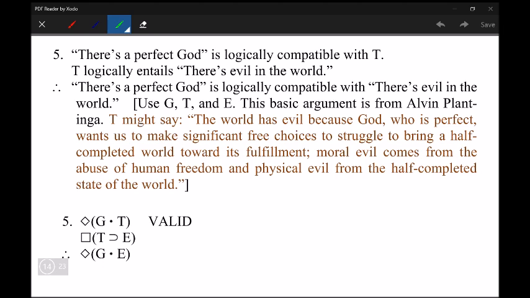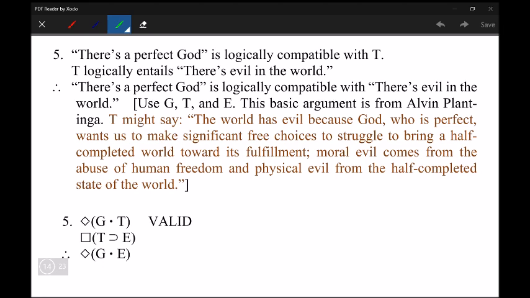Now, this is a brilliant argument that Plantinga gives, and it pretty much decided the issue. Hardly anybody takes Mackie's position anymore. Almost everyone in the philosophical community agrees that Plantinga has proven his point, that there's no radical incoherence in belief in God, belief in a perfect God, as combined with belief in evil in the world. Okay, so how does the argument go?